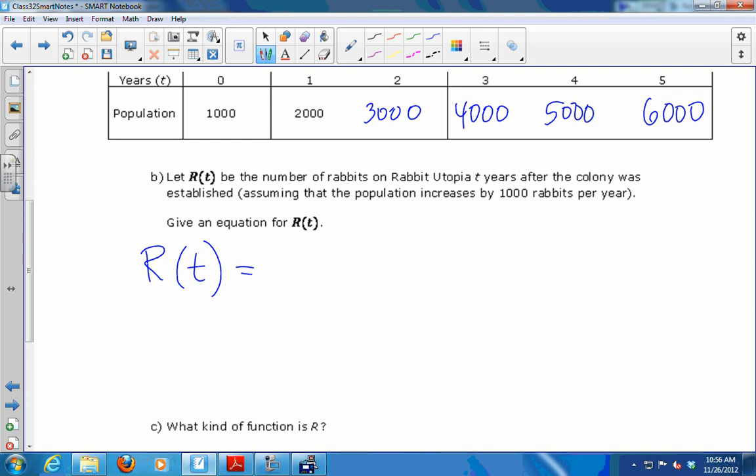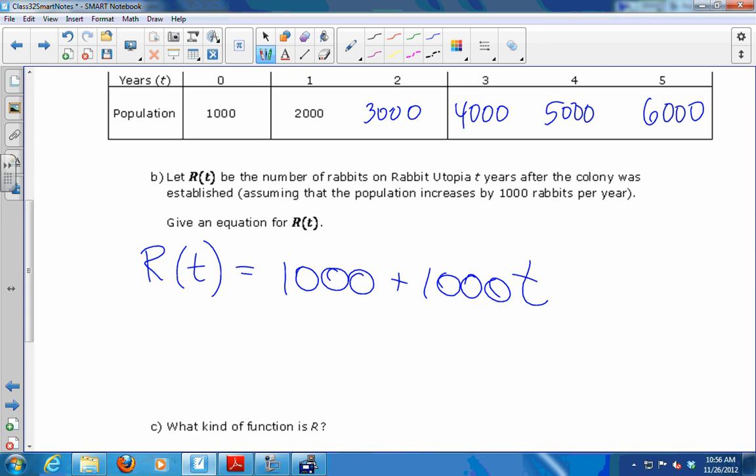Assuming that we start with 1,000 and the population increases by 1,000 per year. Yep, 1,000. That's how much we start with. And then we add 1,000 per year for t years. So 1,000 times t tells you how much to add total.